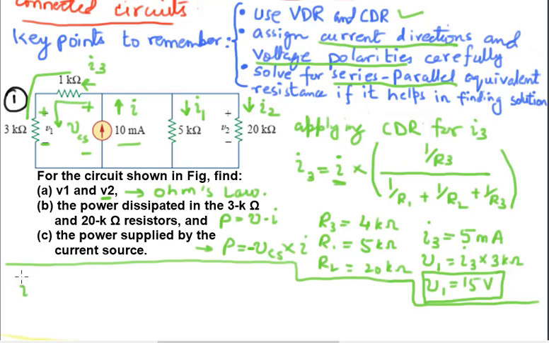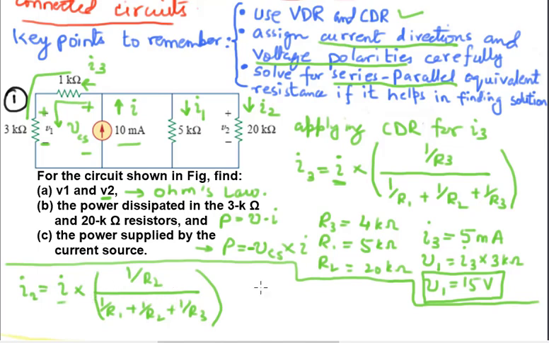So I2 can be calculated using the formula I2 equals I multiplied by 1 over R2 divided by 1 over R1 plus 1 over R2 plus 1 over R3. And through this formula, if you supply these numbers R1, R2 and R3 inside and I equals 10 milliamperes, what you are going to get is I2 equals 1 milliamp.